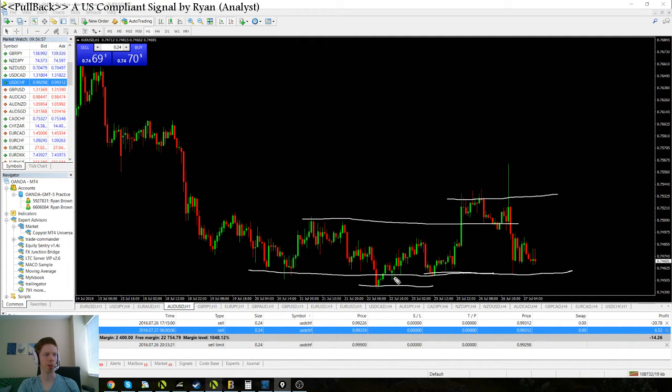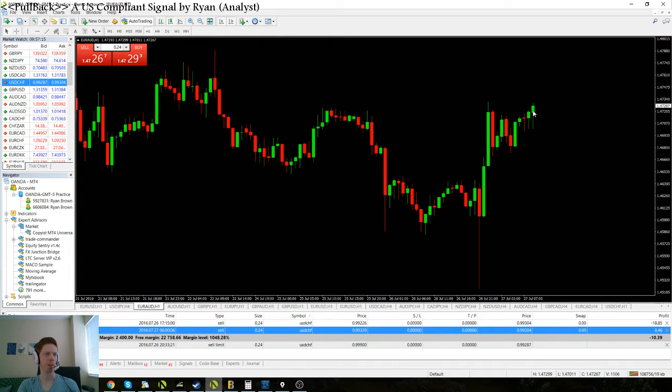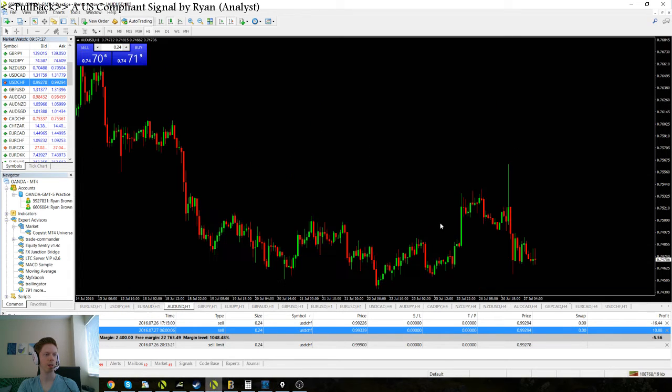So look for those levels to be broken. But I'm looking at this one down here before I take any counter trades. I expect more downward movement on the Aussie USD. That's my call. And this could hold, but if this doesn't hold and keeps going up, then this is likely to go down.